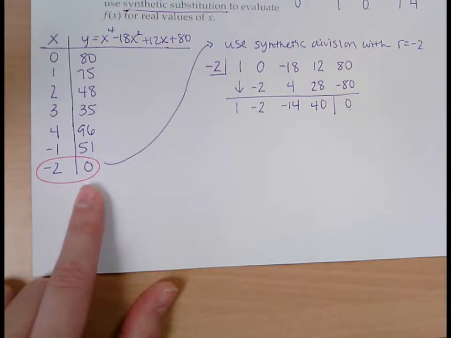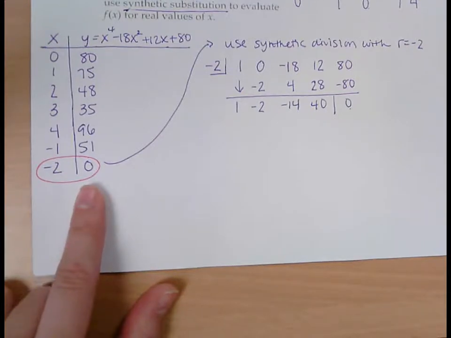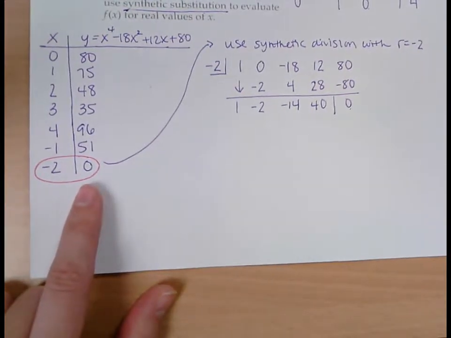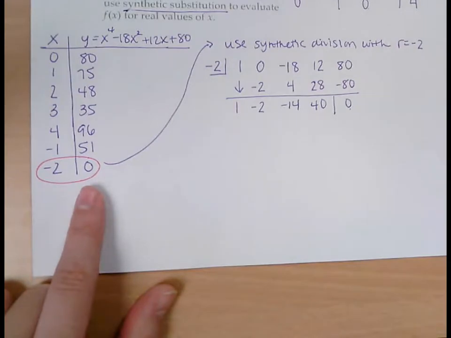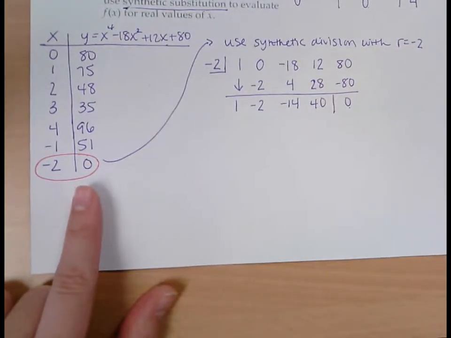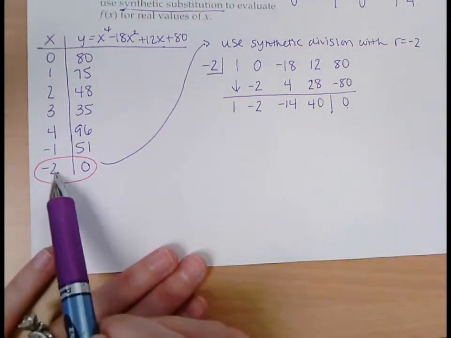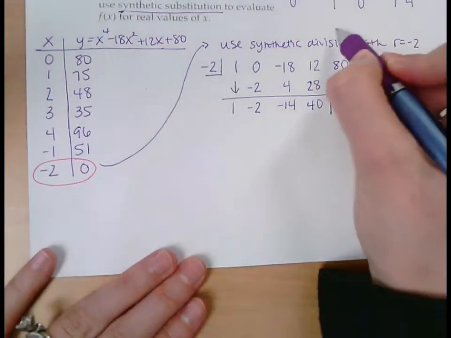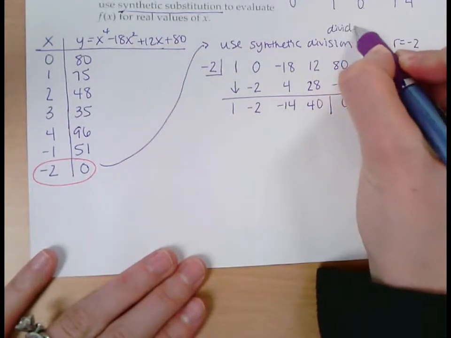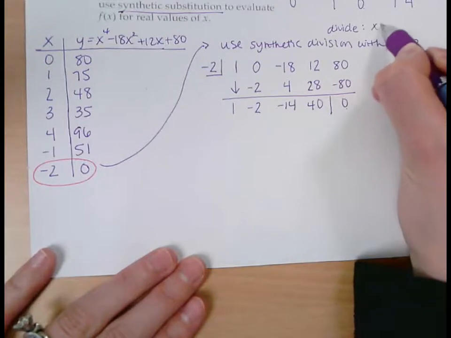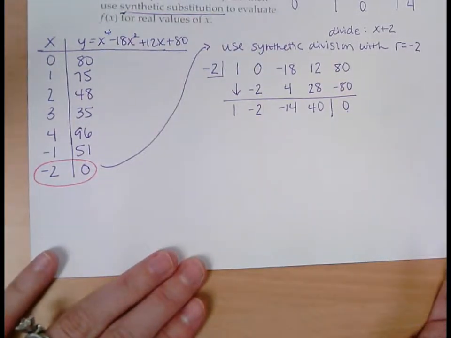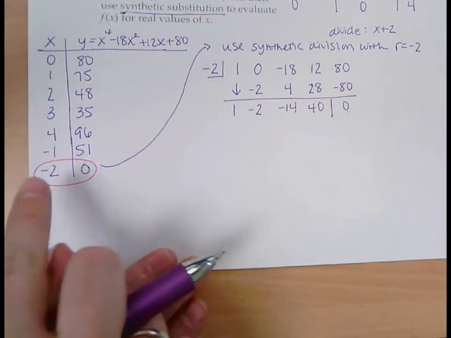Lisa? That would be, if -2 is a 0, that means you're really dividing, the factor would be x plus 2. So -2 is the R value.